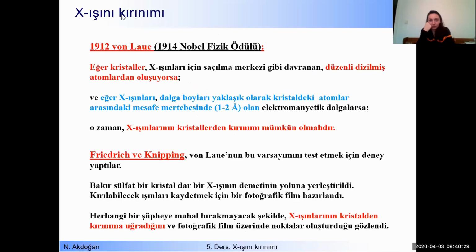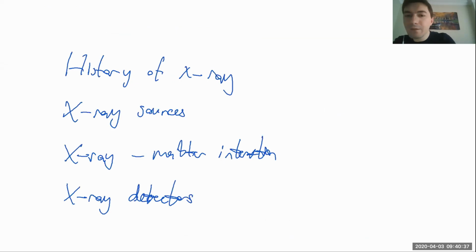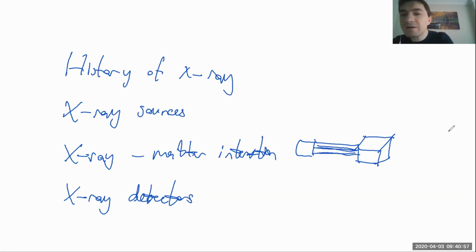Let me draw the experiment here. Let's consider that here we have a crystal, copper sulfide. And here we have an X-ray source. You produce X-rays with some certain beam size. And here there is a photographic film.